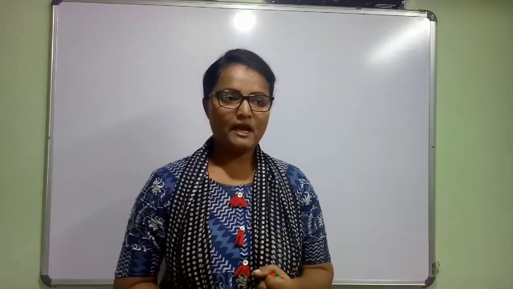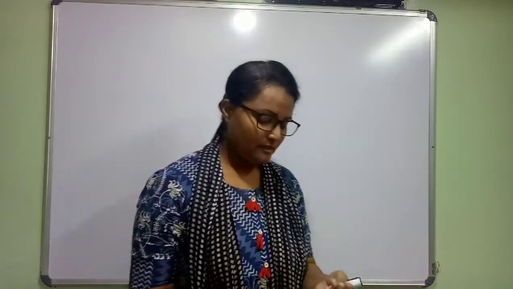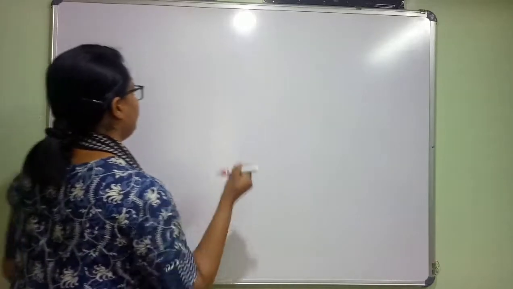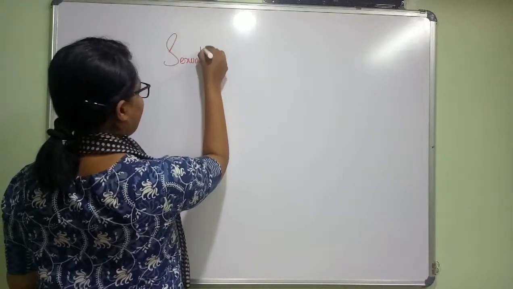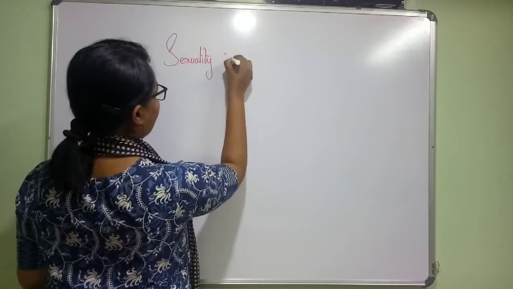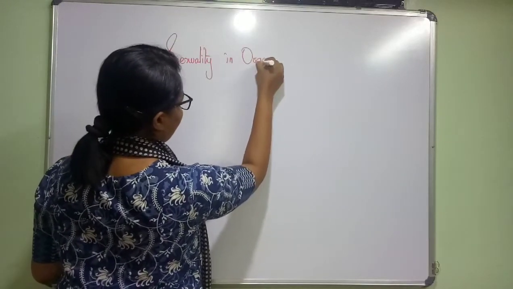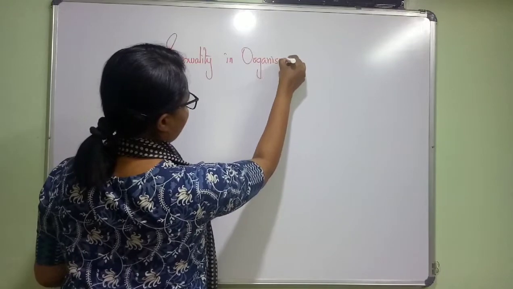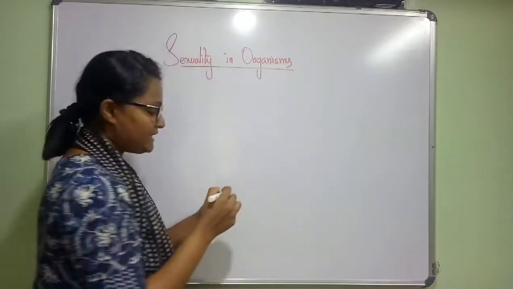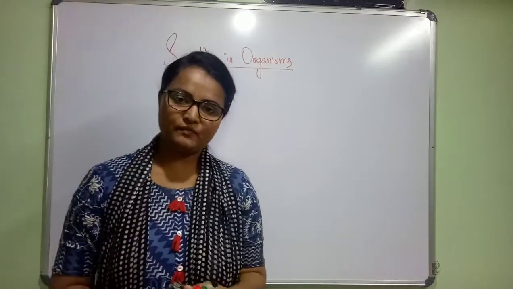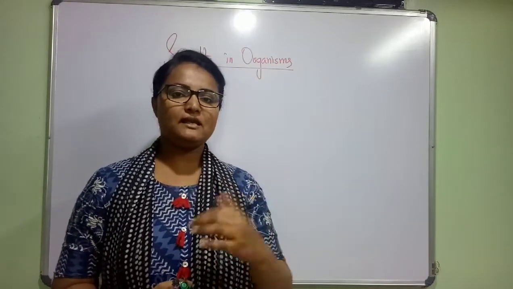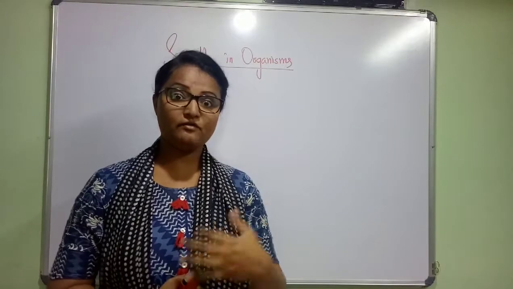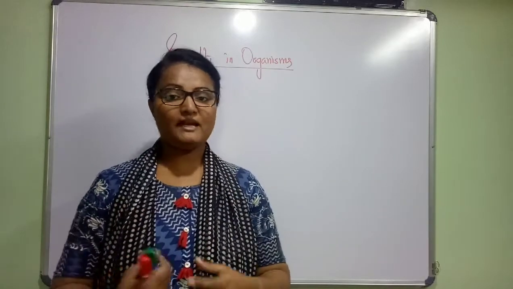Before going to the events one by one, I would like to explain the concept called sexuality in organisms. How can we identify the different sexes in organisms or individuals, how can we say it is a male or female gamete?